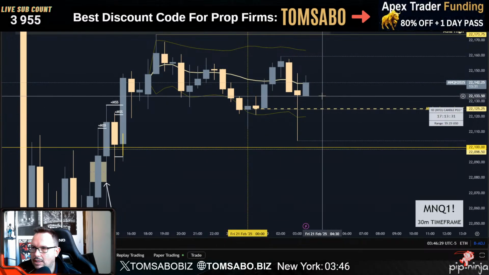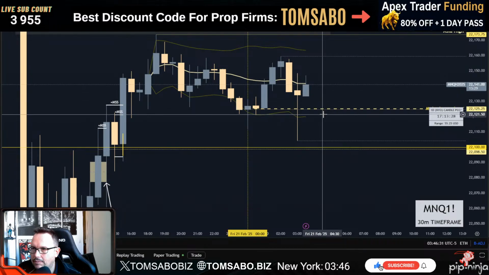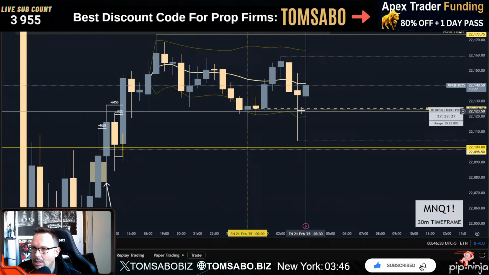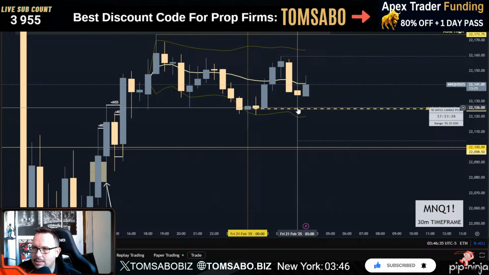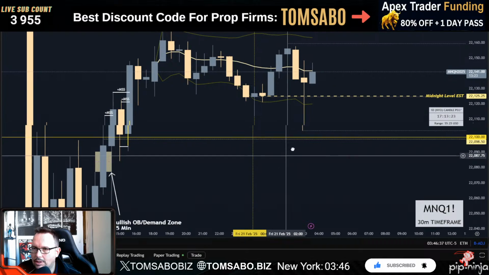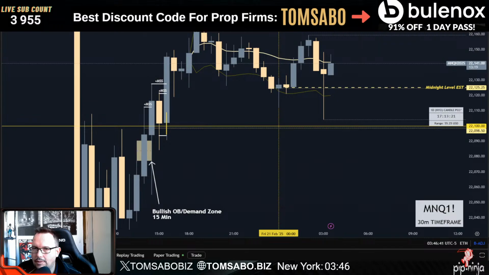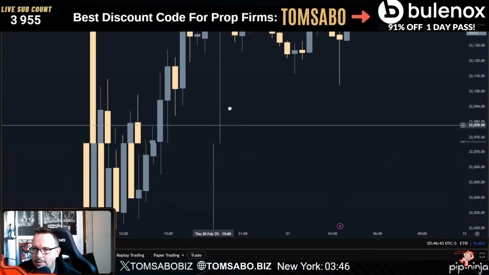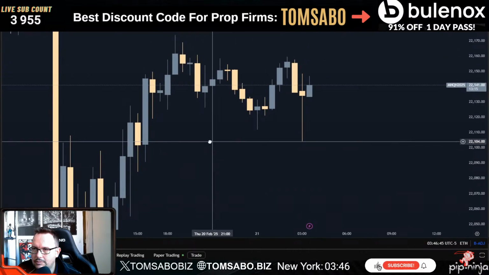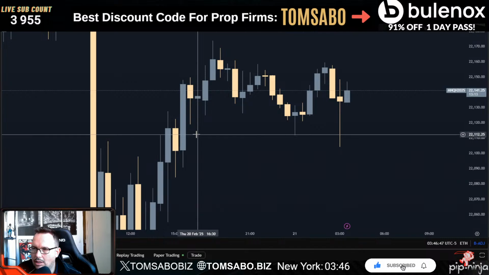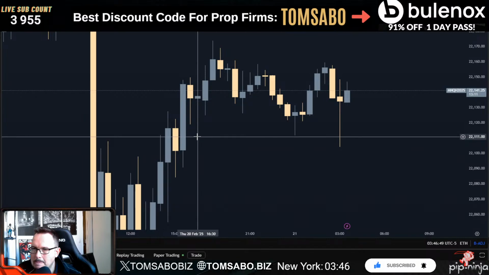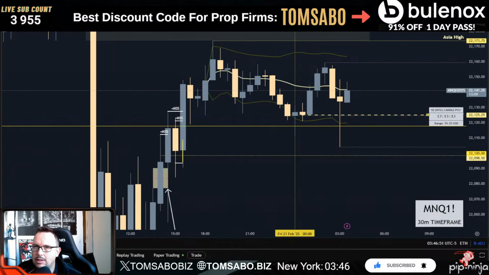We still have time there. Also, the 30-minute looks like this very strong bullish pin bar. Usually I don't really work with the 30-minute, but it's interesting.